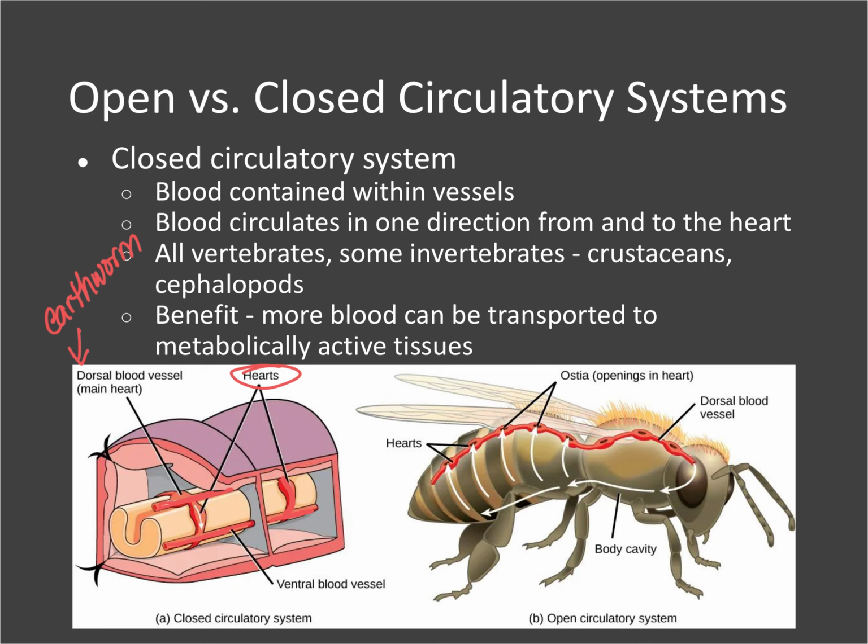around our body. In a closed circulatory system, the blood circulates in one direction from and then back to the heart. All vertebrates have a closed circulatory system, and some invertebrates have a closed circulatory system. So things like crustaceans, which includes lobsters and crabs, and cephalopods, which includes squid and octopi, are all invertebrates that have a closed circulatory system.